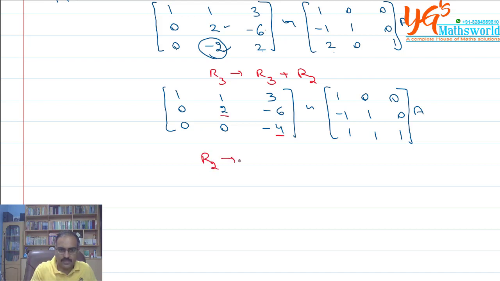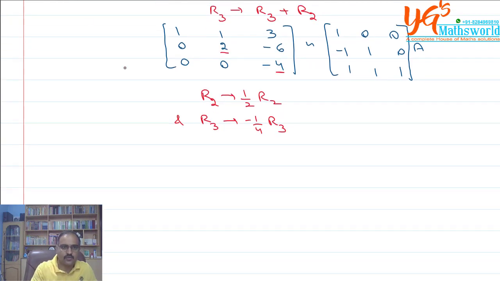Okay, now the next step is to reduce these diagonal elements to 1. On R2 I am taking half of R2, and on R3 I am applying minus 1 by 4 R3. So what do I get?